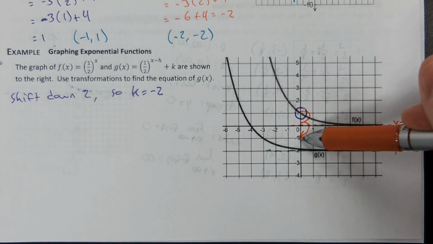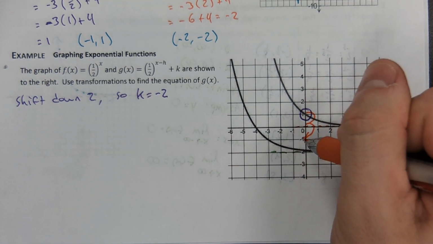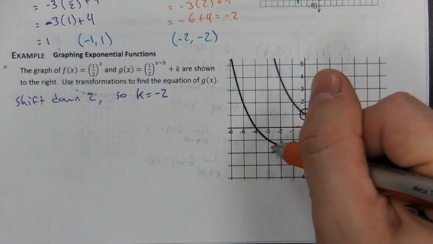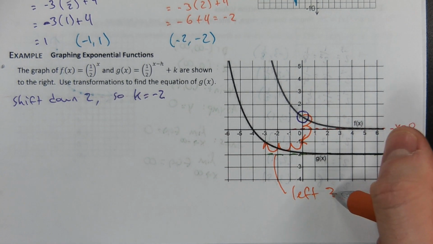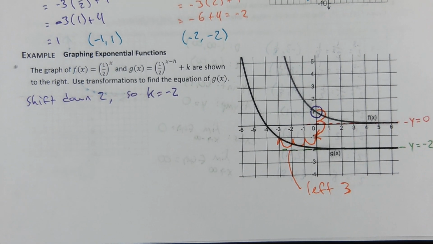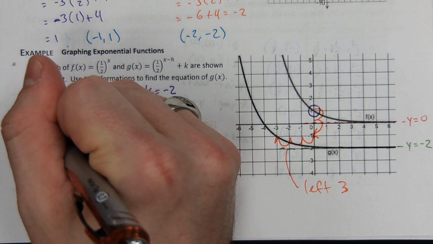But I need it to land on the g of x curve. So which direction and how many? 3, which way? Go left 3. 1, 2, 3. So we've already got down 2. Now we have to shift left 3.